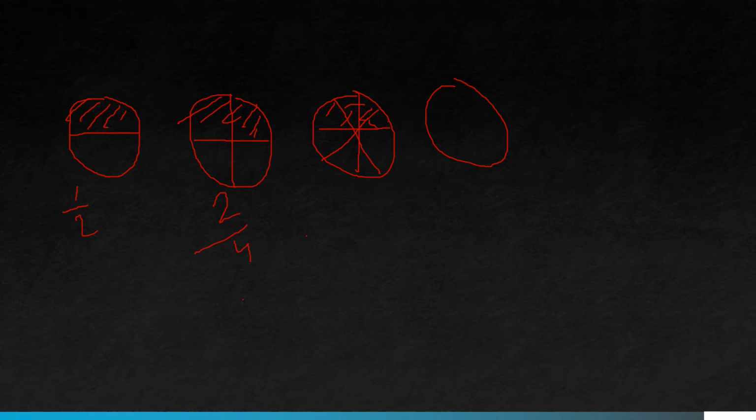So how we can represent? 4 upon 8. So if you see this, all these are equivalent fractions, because in this half is colored, in this half is colored, in this half area is colored, right? But the representation is different. 1 upon 2, 2 upon 4, 4 upon 8, right?